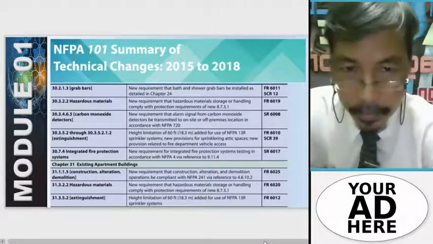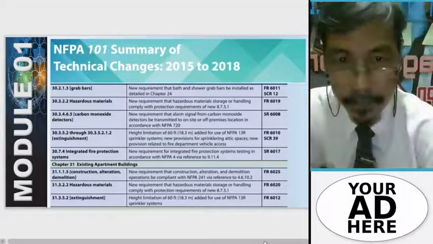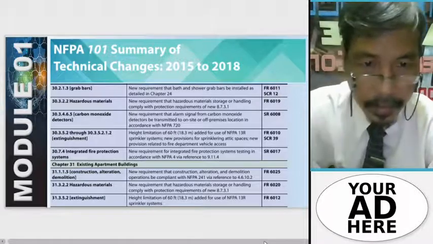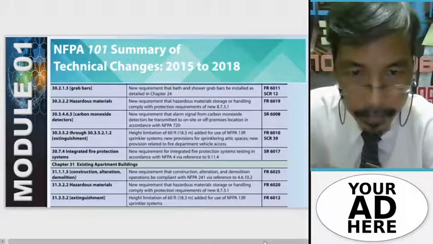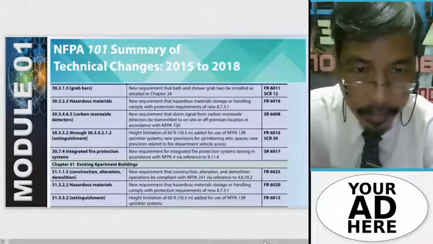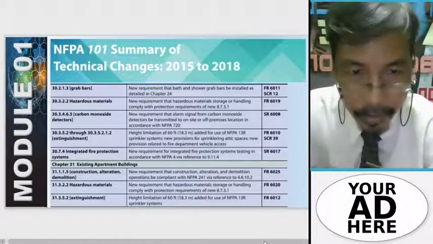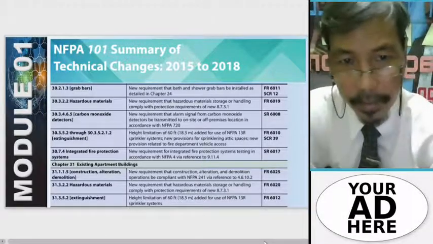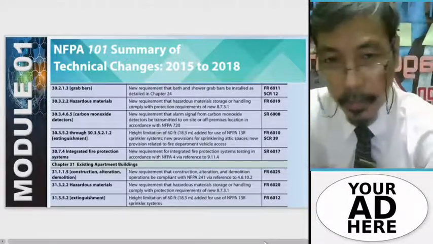Hazardous materials again, similarly for existing buildings, and extinguishment: the same height limitation of 18.3 meters was added for use of NFPA 13R for sprinkler systems.